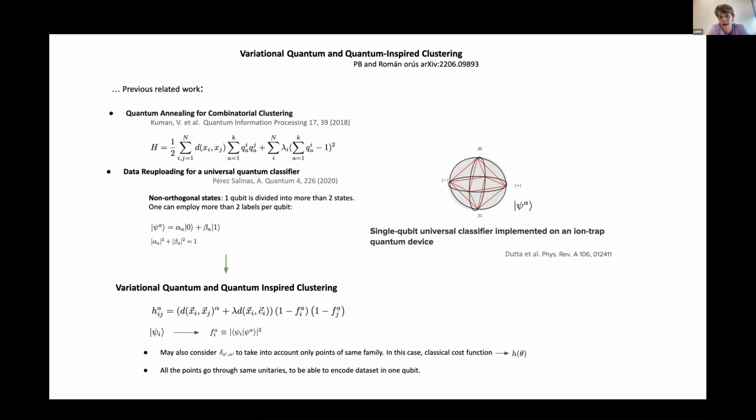And also important, we are using the same unitaries in our quantum circuit in order to distribute the points all along the Bloch sphere. The only differing point is the encoding one, the one describing the position of each point inside your data set. All the parameterized logical gates are the same for every single point.